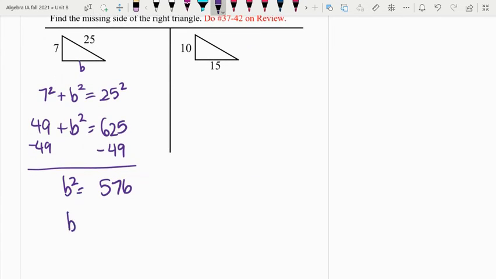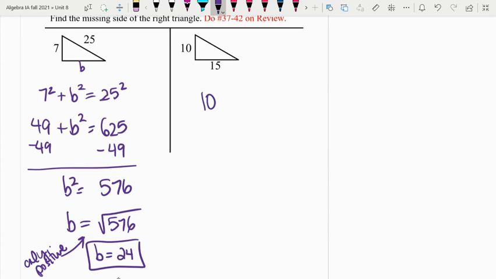So I'm going to take the square root, so you get b equals square root of 576. Now here we only want the positive because a negative side doesn't make sense, so only positive. So square root of 576, let's see if that's anything. It is 24, so b equals 24.